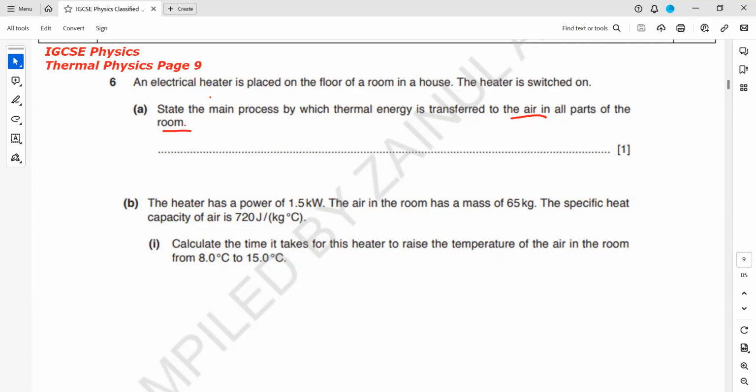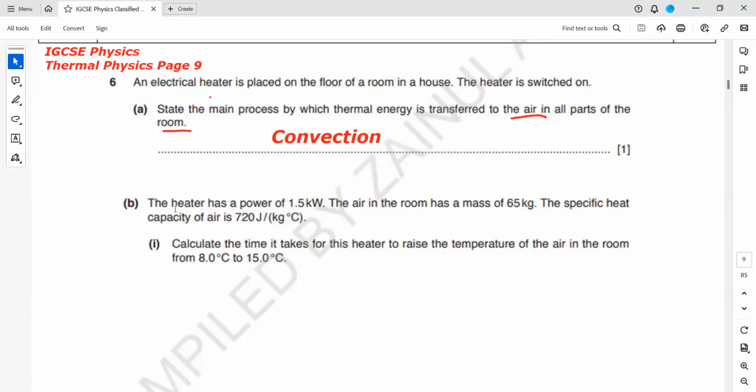So what is the main process by which the thermal energy can transfer? Because they're talking about air, through air. So we discussed yesterday that in fluids, the method of heat energy transfer is known as convection.